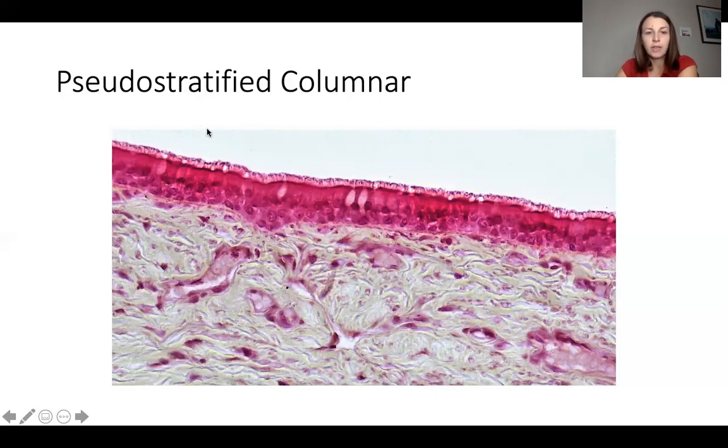They're falsely stratified because one cell is adhered down to the basal layer. Although it appears that there are cells on top of one another, each cell here is adhered down to the basal layer, making it a simple or single-celled epithelial tissue. Doesn't look like that, so it's falsely stratified, pseudostratified columnar.